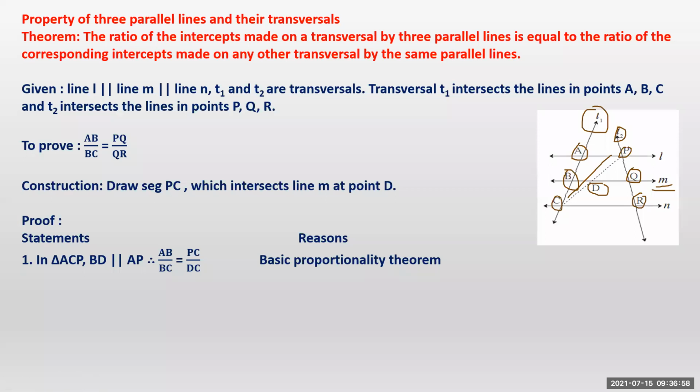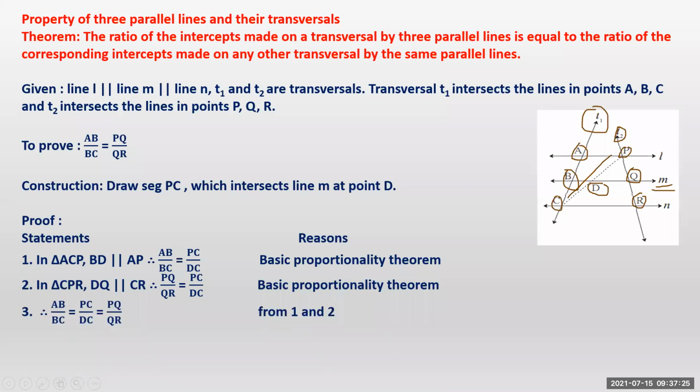In triangle ACP, BD is parallel to AP. So AB upon BC equals to PD upon DC by basic proportionality theorem. In triangle CPR, DQ is parallel to CR. So PQ upon QR equals to PD upon DC.